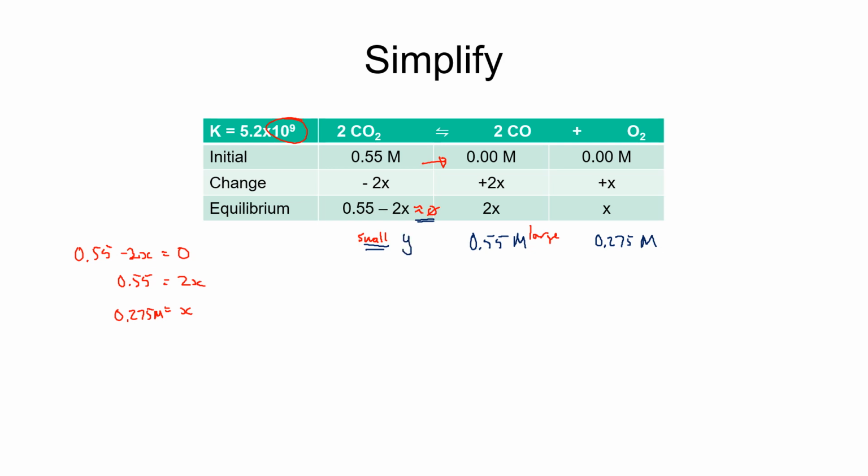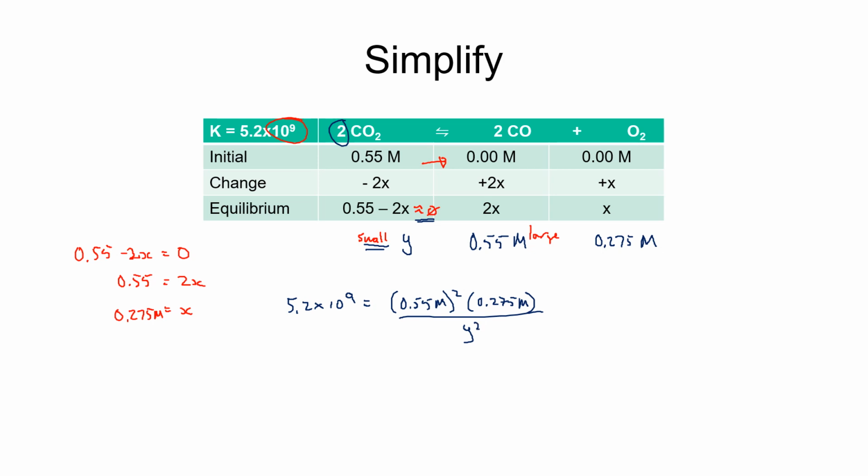It's pretty easy to solve for y using your constant. So our constant here is 5.2 times 10 to the 9th. And that's going to equal the right-hand side here, which is 0.55 moles per liter squared times the 0.275 moles per liter, and then that's all over y squared, right?